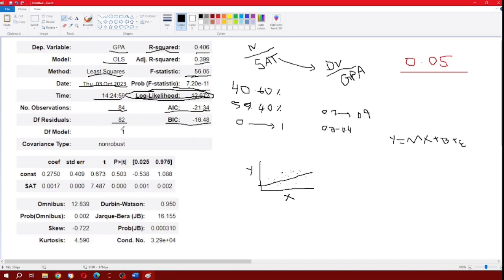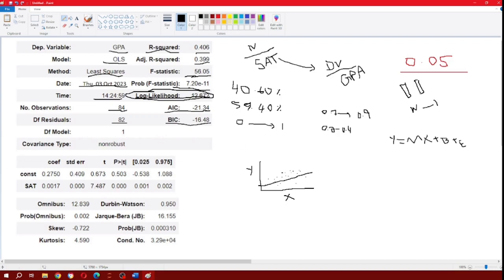Degree of freedom for the model is 1, because the total number of variables in this model is 2, one being IV, one being DV, so two columns, right? So the degree of freedom is n minus 1, since for a sample, by statistical law, it always has to be n minus 1.